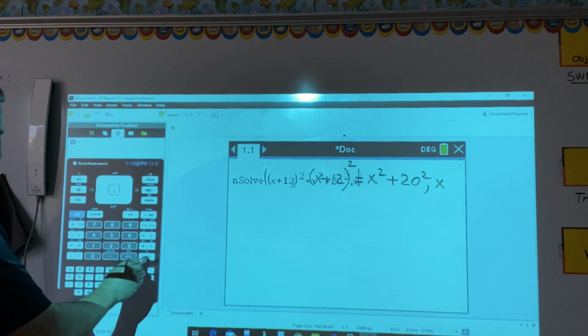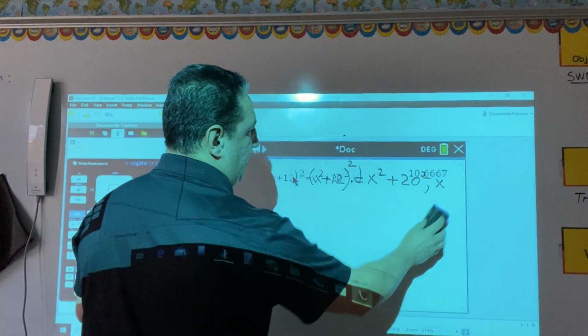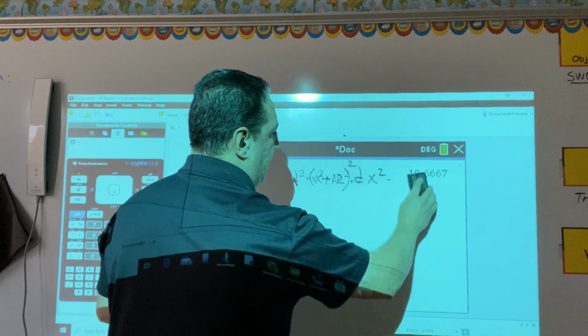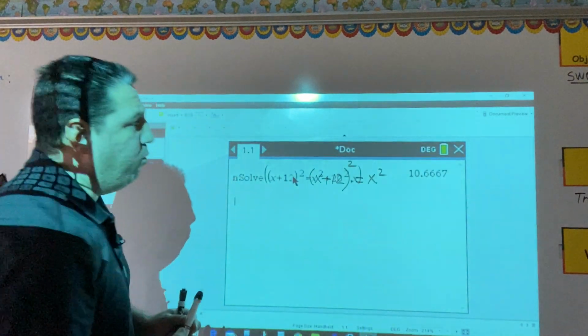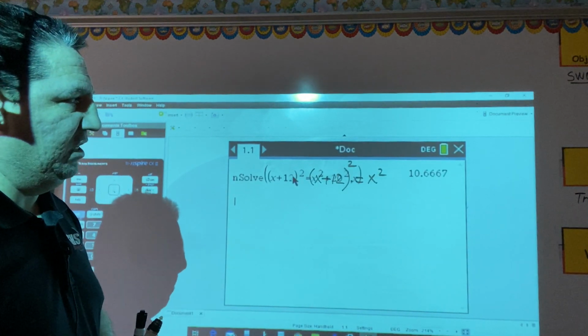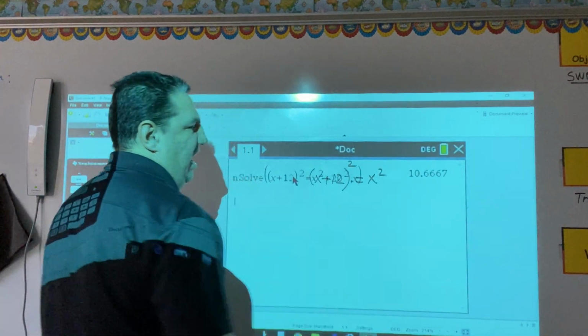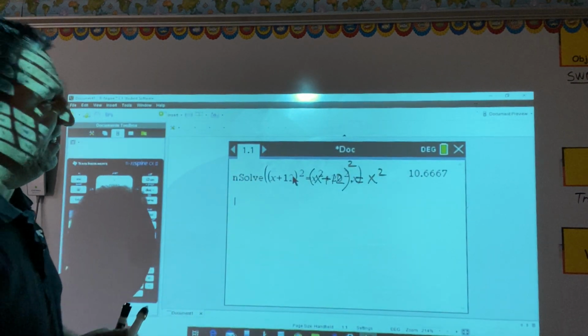And we press enter. As we can see here, we get 10.66. We should round to the nearest tenth, and we should have 10.7.